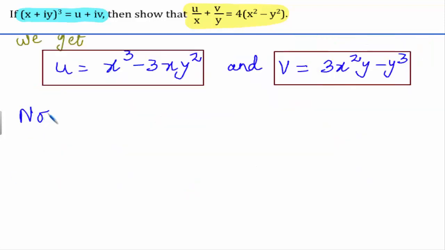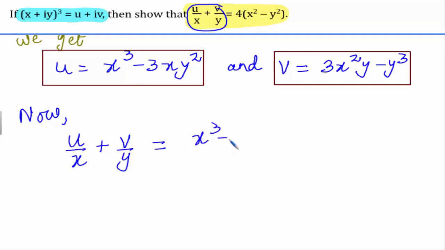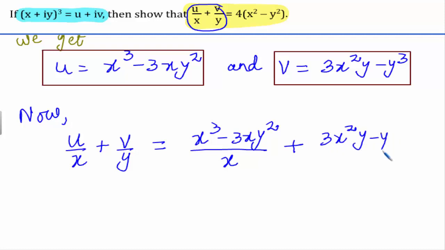Now let us find u/x + v/y. So this will be equal to, the value of u is x³ − 3xy² and in the denominator we have x, plus 3x²y − y³ and in the denominator we have y.